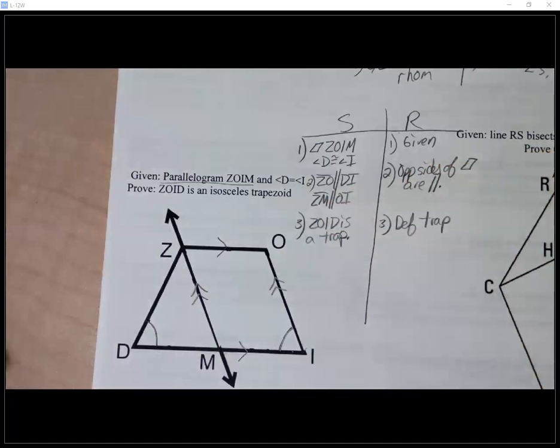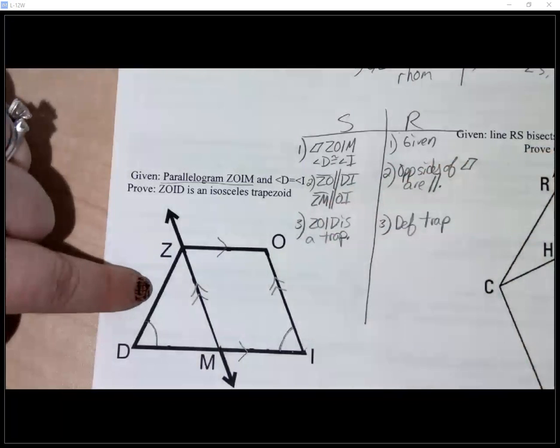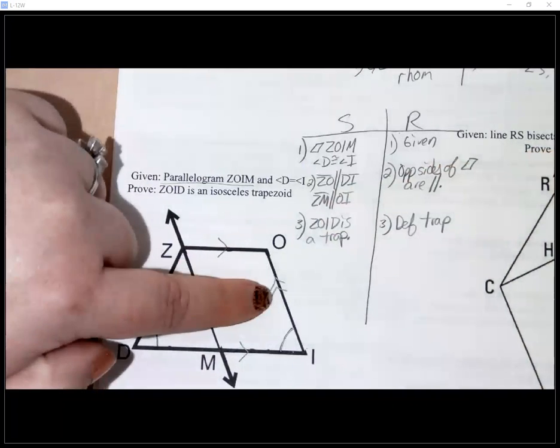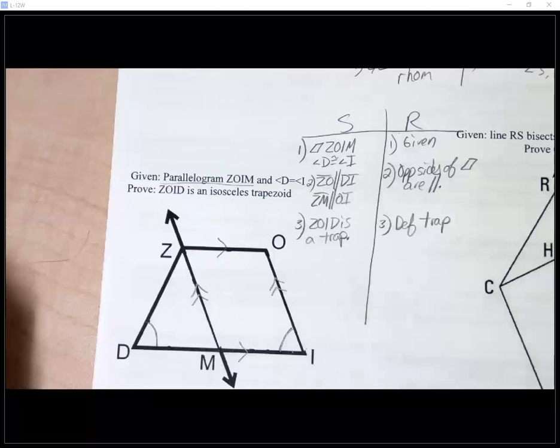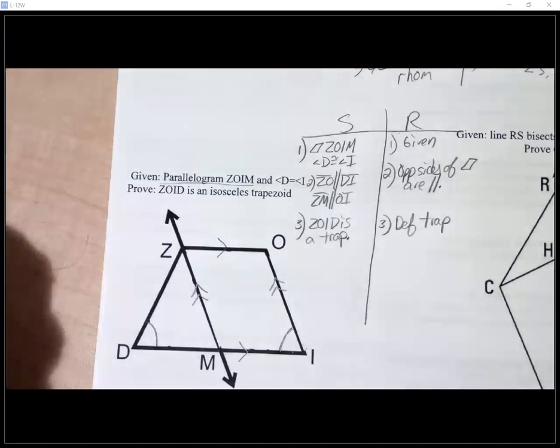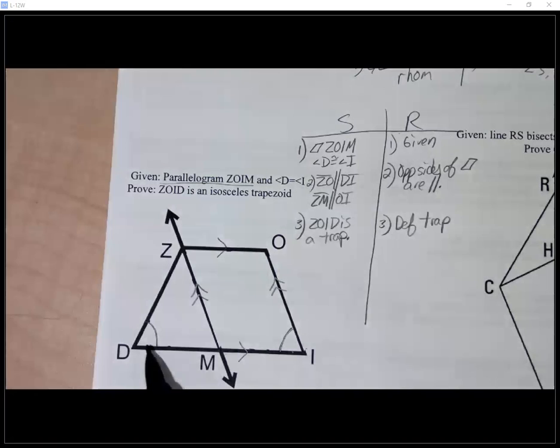All right, cool. So now let's see what I need to show it's an isosceles one. I need to show either the legs are congruent, so that would be showing ZD is equal to OI. Or there's an option: if I show that I have congruent base angle pairs, oh my gosh, I do. Oh, that was a lot easier than I thought. Well, how about that?